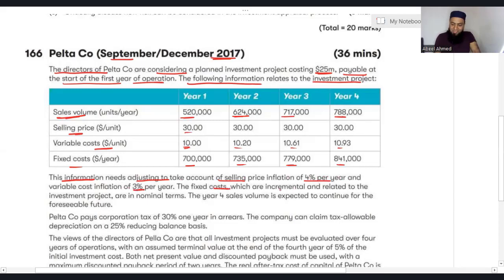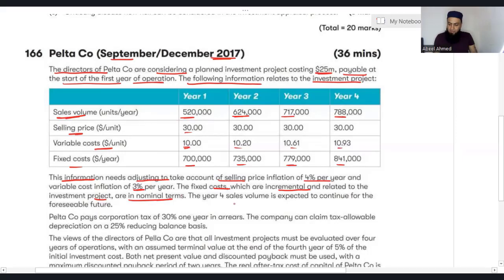The fixed costs which are incremental, additional fixed cost is always relevant. The fixed costs which are incremental related to the investment project are in nominal terms. Nominal terms means with inflation. Since the fixed cost is already in nominal terms, you're not supposed to incorporate any inflation into the fixed cost because inflation is already added.